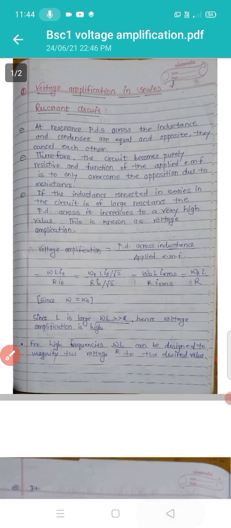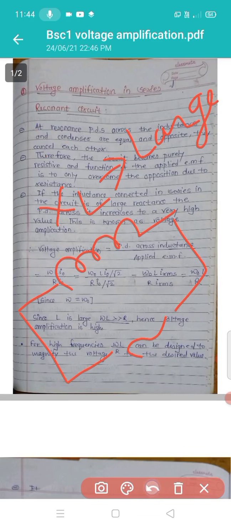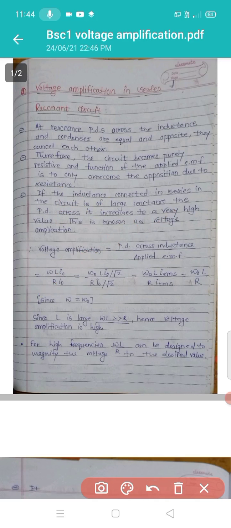The formula of voltage amplification is the potential difference across the inductance divided by the applied EMF. That is equal to omega L into I naught upon R into I naught, which is equal to omega naught L into I naught upon root 2, divided by R into I naught upon root 2.